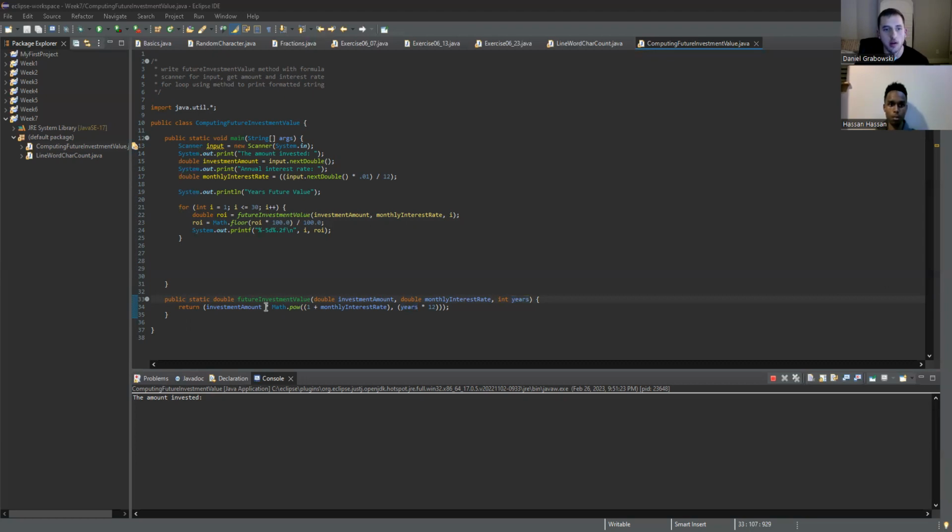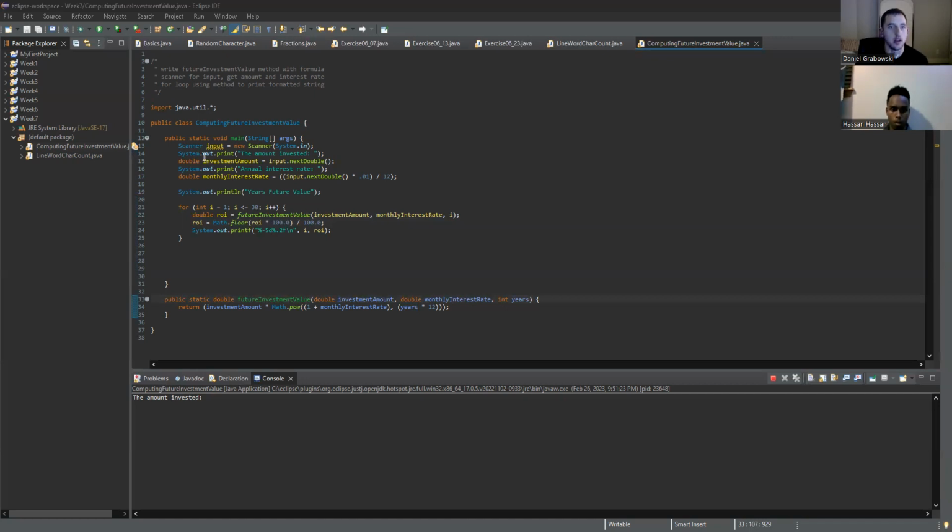It's the investment amount times 1 plus the monthly interest rate raised to the years that you want to see times 12. To get those values, we have a scanner object, and the scanner object is used to take input from the user. So the first input is going to be the investment amount entered by the user, taken as a double.